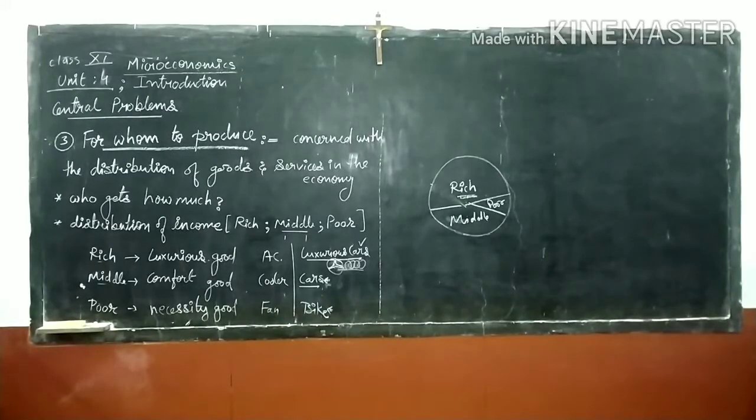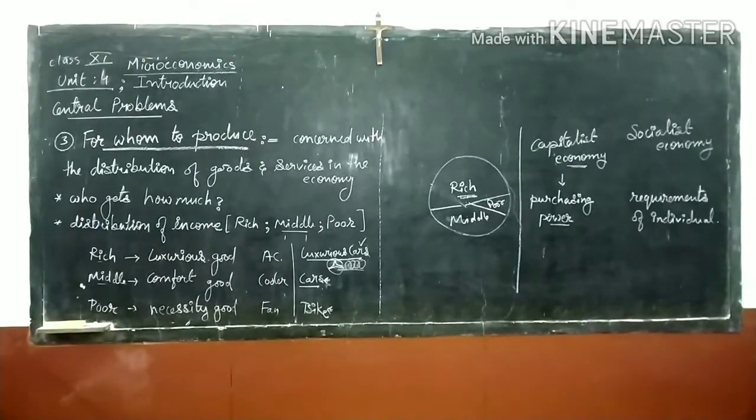I have already told you a little while ago that for whom to produce is related with distribution of income and the purchasing power of the consumer. So in capitalism the focus will be on purchasing power, and in socialism on what basis will decisions be taken? On the basis of requirement of the individual. For whom to produce is a problem relating to choice, relating to the user of the goods and services.